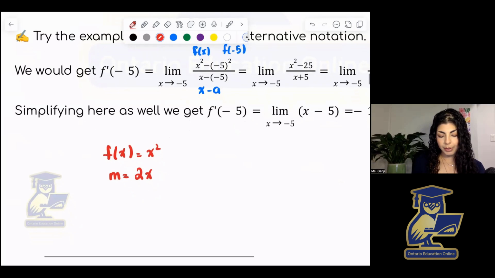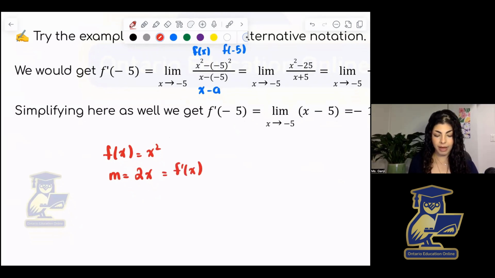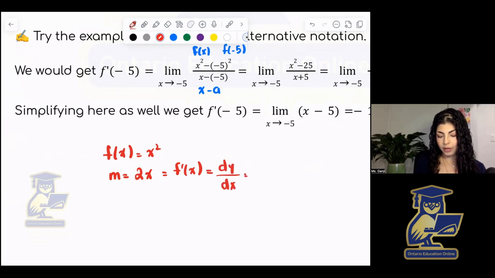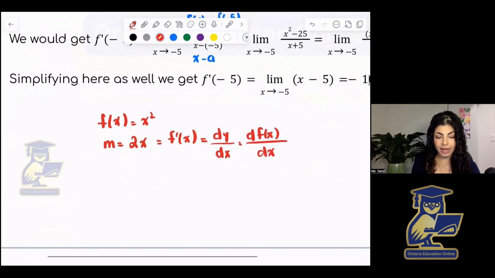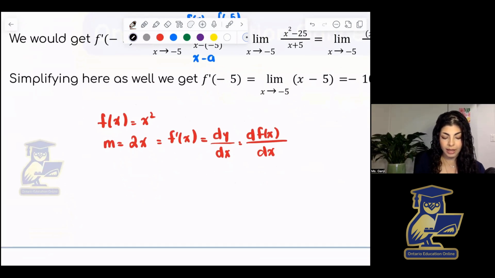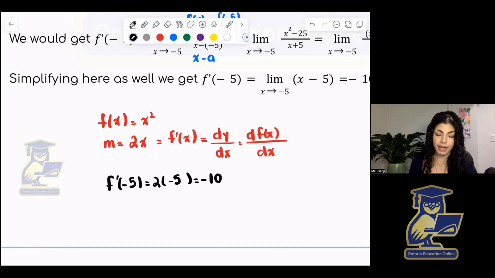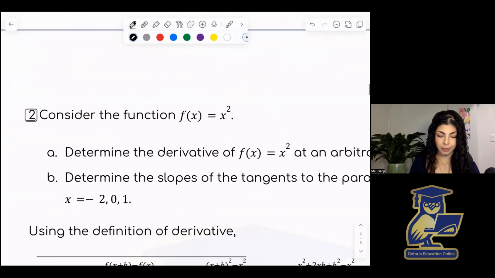And if you remember, this is also the same as f prime of x, or dy by dx, or d of f of x by d of x. These are all the same thing. And now, if I asked you f prime of -5, you would have been able to do 2 times -5 to get -10. And that's what we're going to do now in our next example.